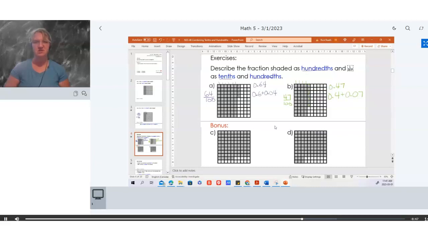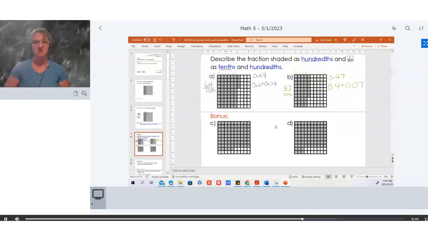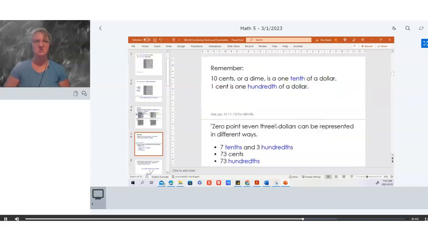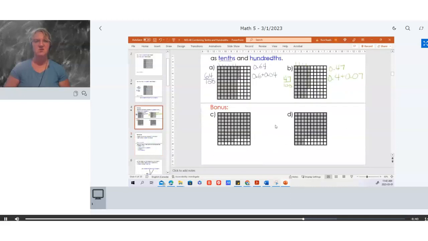They gave us a bonus down here. I think you're up for that challenge though. Let's see if I can bring it up enough to see it. We still have 100 blocks, but now the confusing thing is they're on their side. So instead of counting columns like we did at the top, we're going to count rows. So let's count these. We have 10, 20, 30, 40, 50, 60, 70, 80.